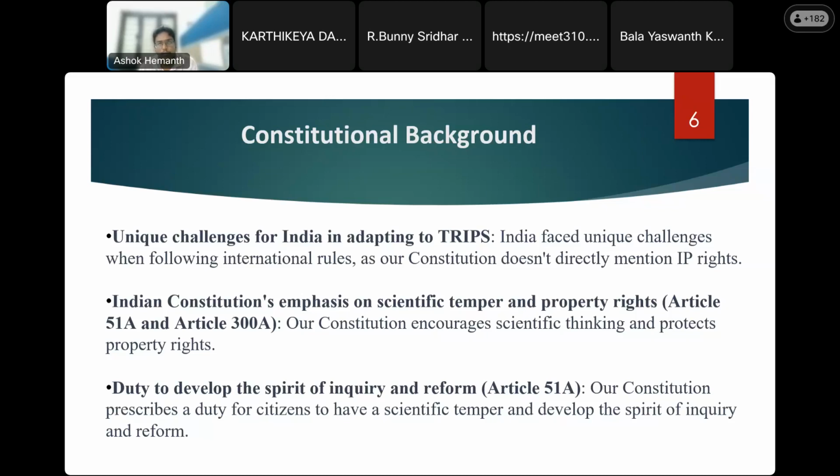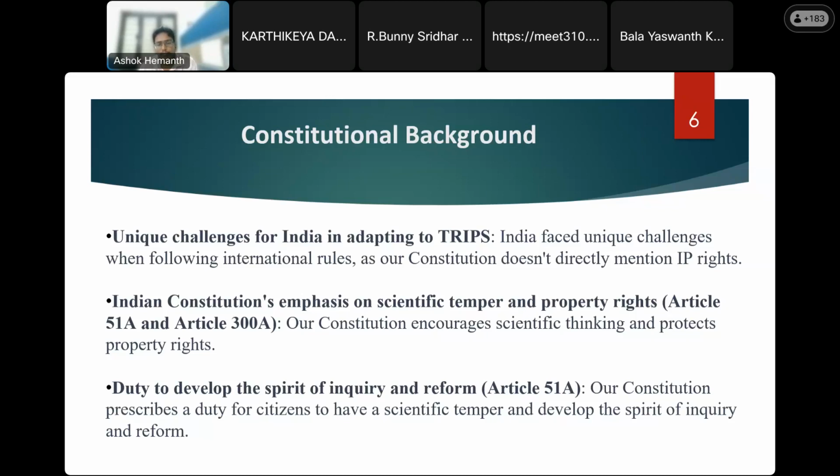So intellectual property is also a property. I already told you there are tangible and intangible properties. Tangible properties, you know, if you have land or a flat or something, are protected by property law. And apart from that, there is intangible property.